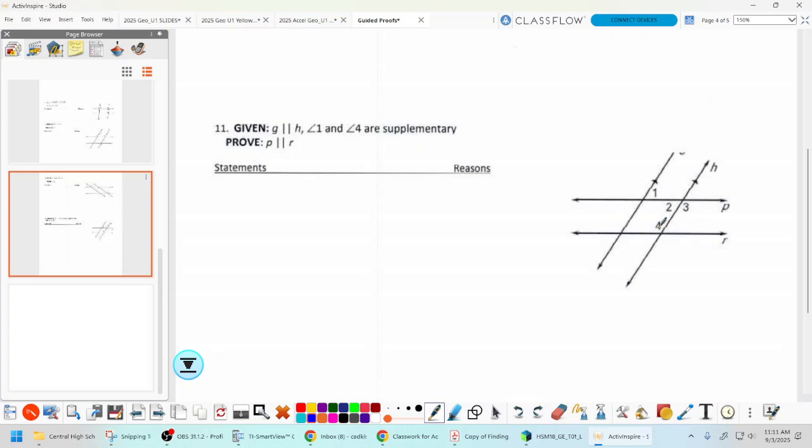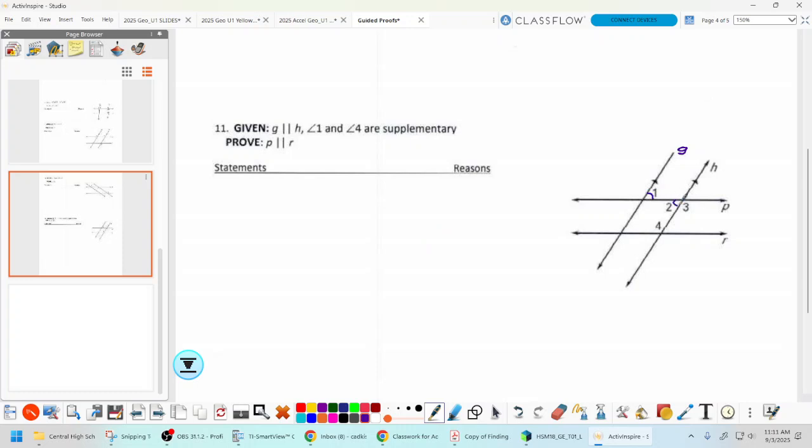But we know that G and H are parallel, so we can use any angles on those that we need to. For example, 1 and 2, what kind of angles are they on G and H? Those are alternate interior, so they're congruent. So 1 and 2 are congruent.